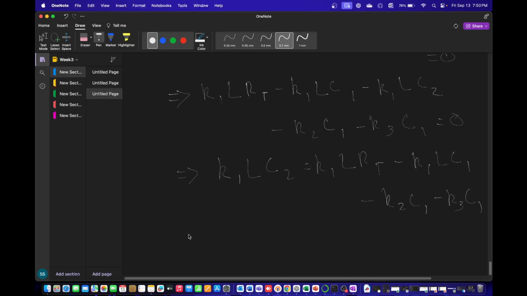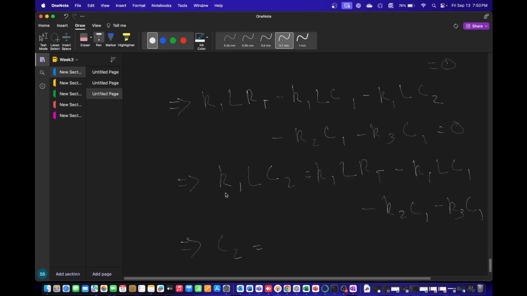Right. Now for C2, you divide by K1L on both sides. So this becomes RT minus this.